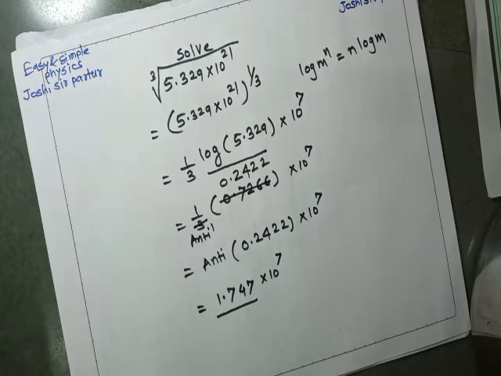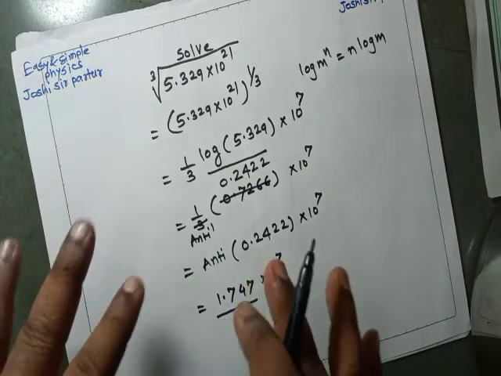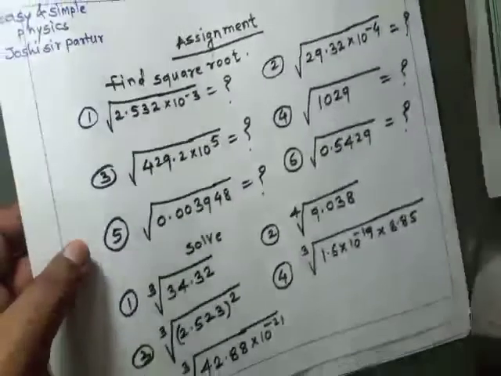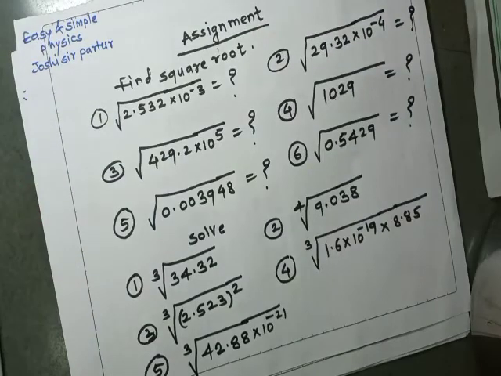Similarly, we can also determine fourth root, fifth root, sixth root as well. So if you understand these points, then you have to solve the assignment. The assignment is given as 10 questions.